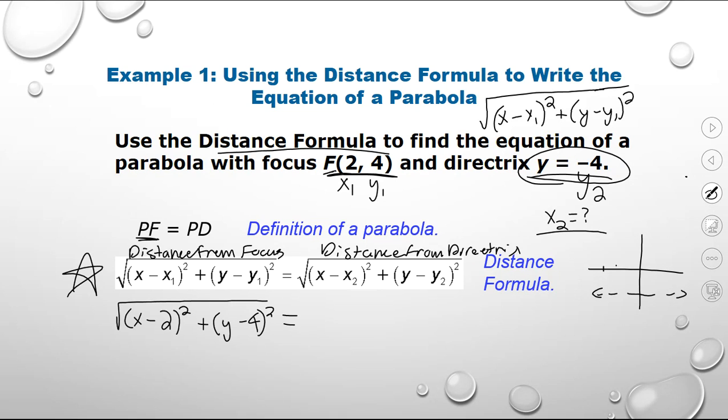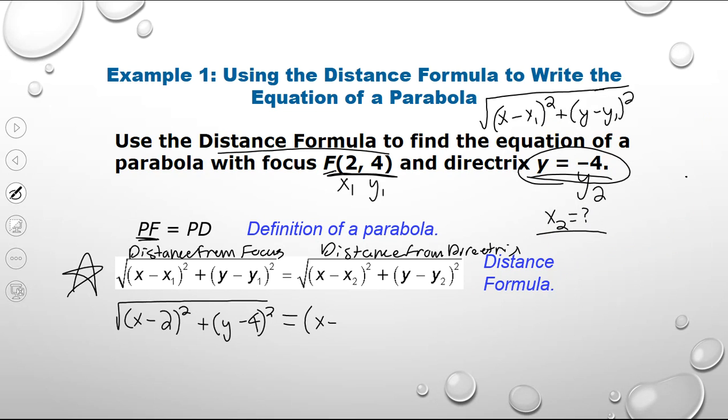Obviously, you have a point for everywhere on the x scale. It's always just at negative 4. So x is pretty much every single number. So that's why it's not really important for this one. We're going to just keep going. Plug in x minus x. So x2, we're just basically going to call it a regular x.